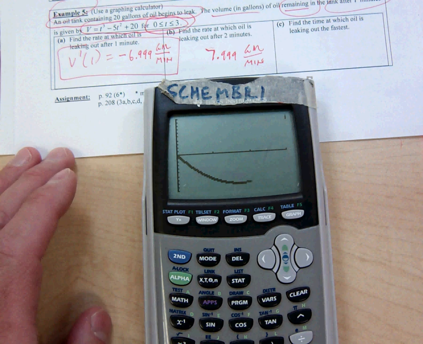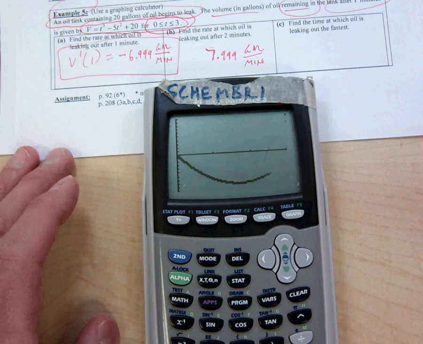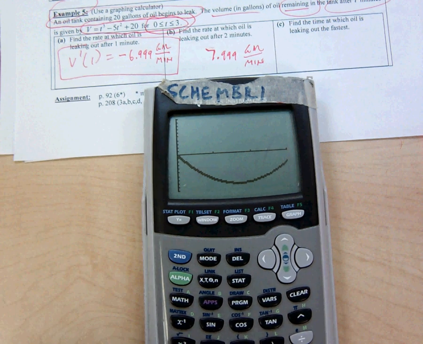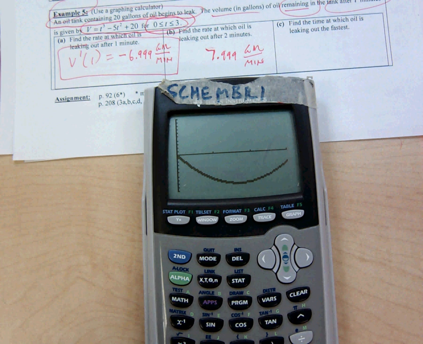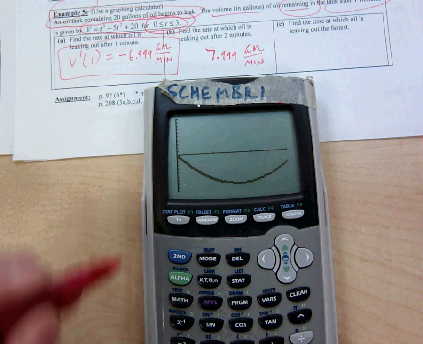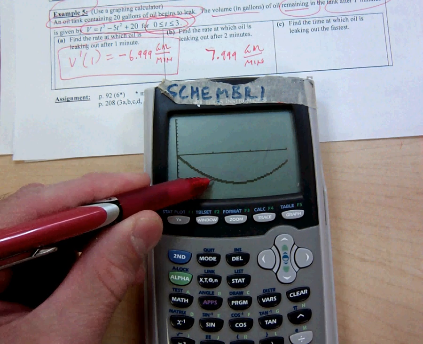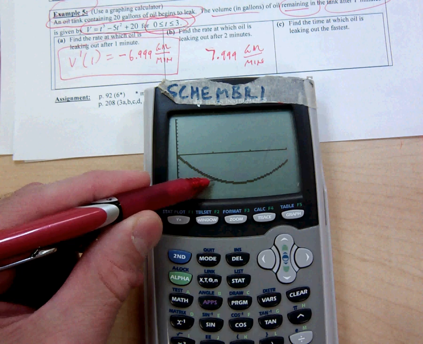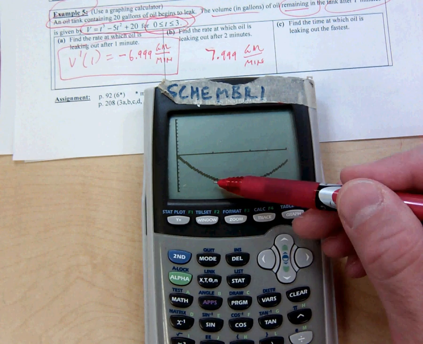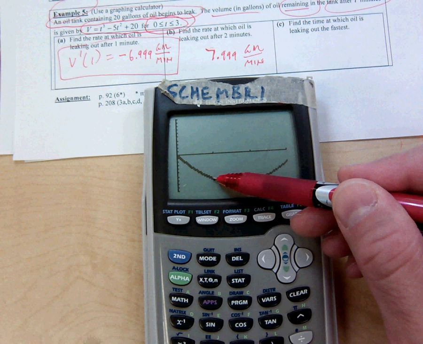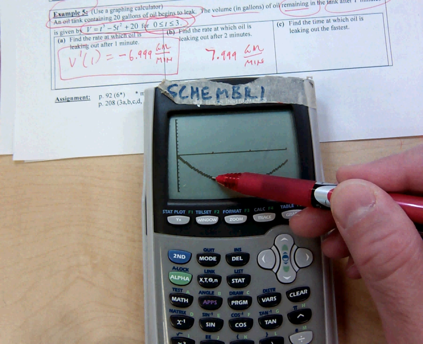Again, this is a graph of v prime, right? So the y values on this graph are the rates, or slopes, on the volume graph. Okay, so if I pick a point right there, that y value right below time equals 1 will be the rate at which the oil is leaking out.